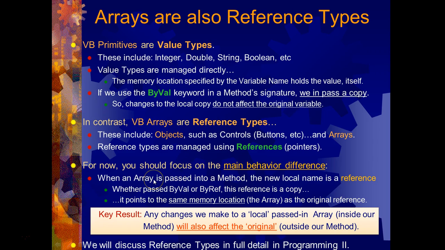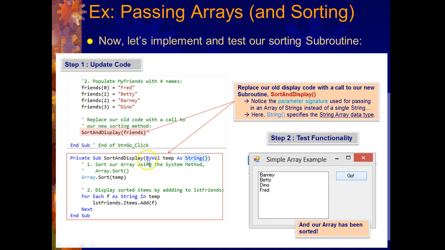So he says that when an array is passed into a method, and we just looked at that before, right? We passed this friends array into this subroutine.